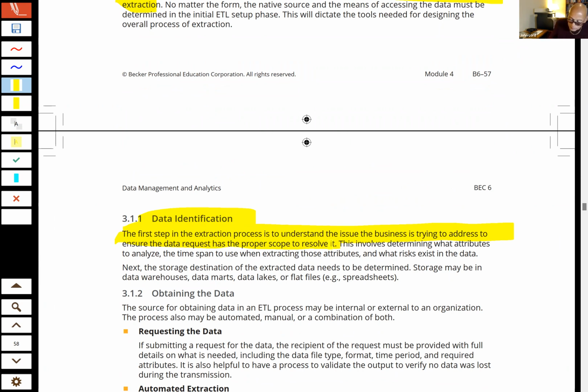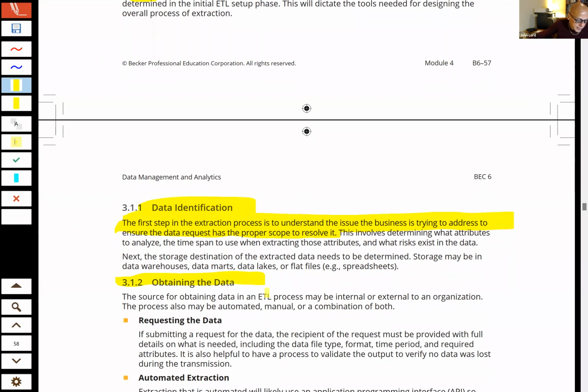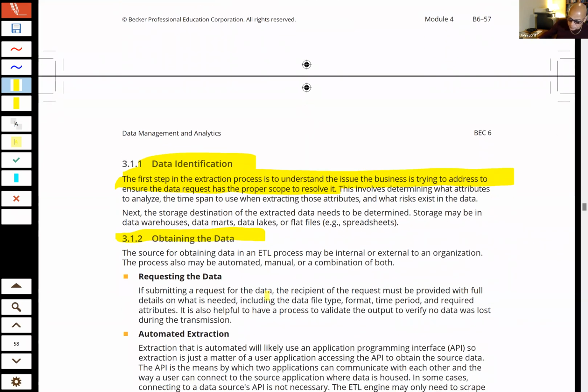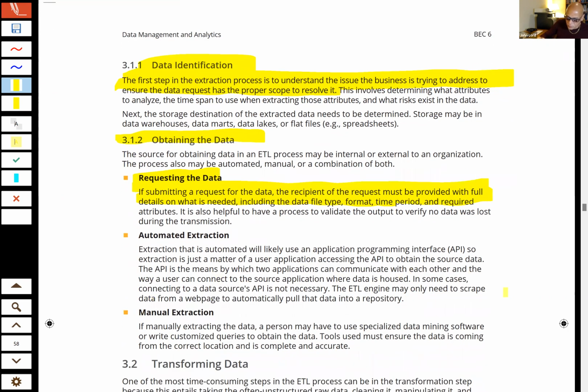Then obtaining the data, and how you request that data. When you request the data, the recipient must be provided with full details on what is needed, including the data file type, format, etc., and time period. All of these things, you have to be very careful with.